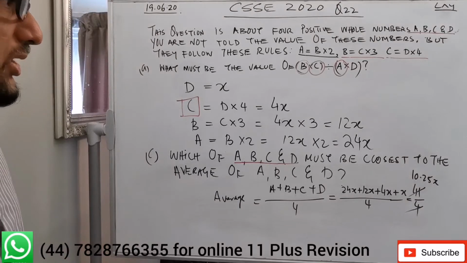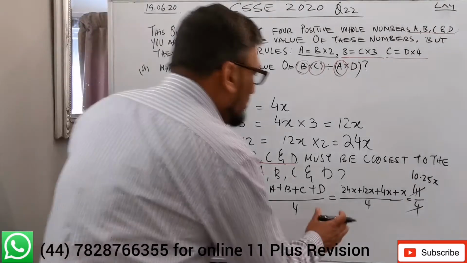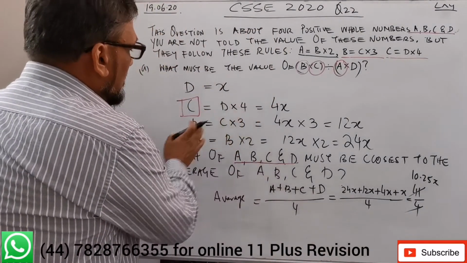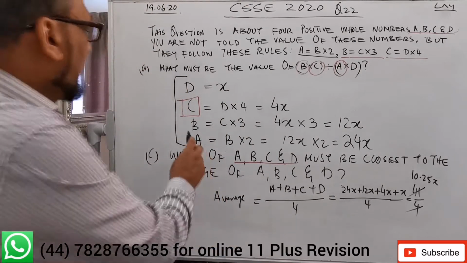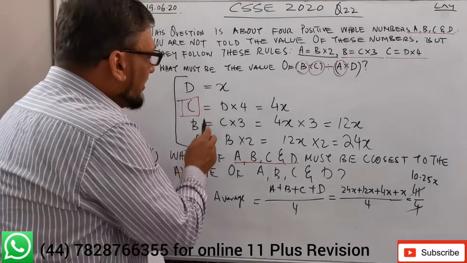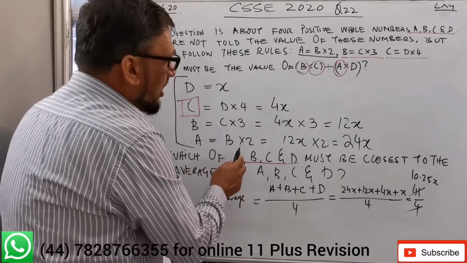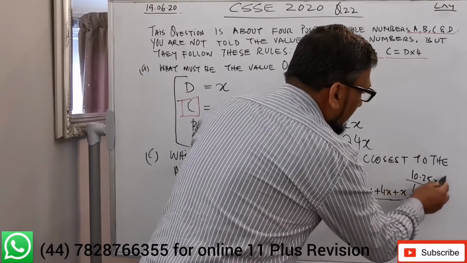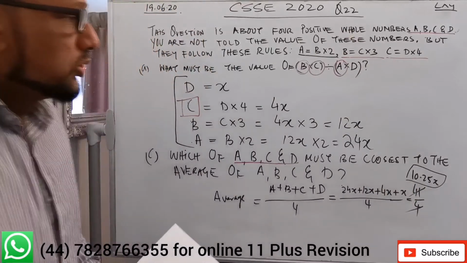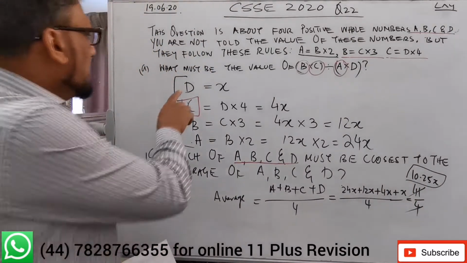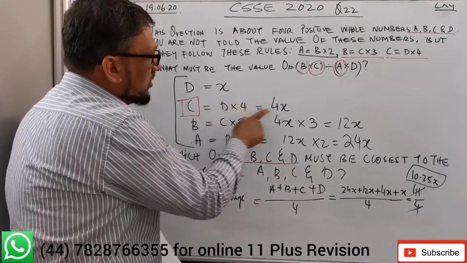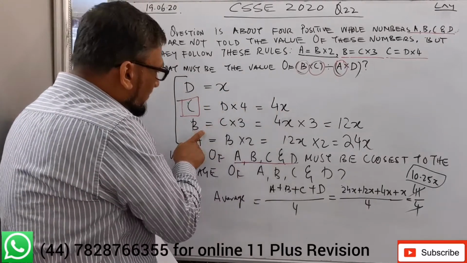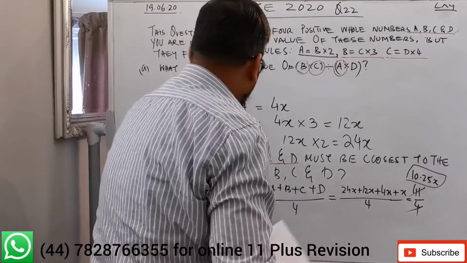Now go back to the values of A, B, C, D and see which is closest to 10.25x. D equals x, C equals 4x, B equals 12x, A equals 24x. The 10.25x is closest to 12x.